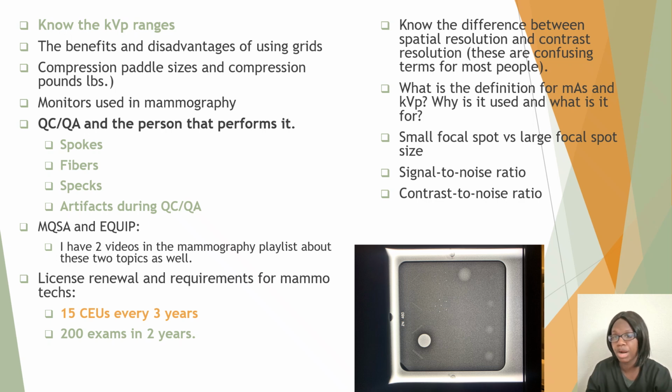Does it control brightness? Small focus spot versus large focus spot. There are numbers that go with this. So once again, check out the physics video. I say that because I've already pretty much answered a lot of these questions in that physics video. So that's why I want you all to go to that and check it out.